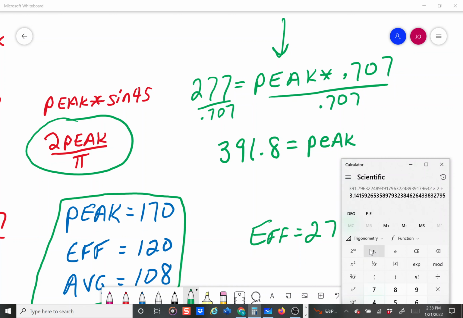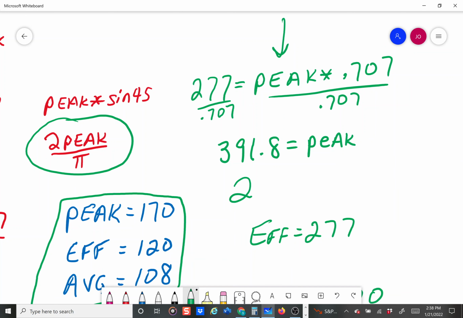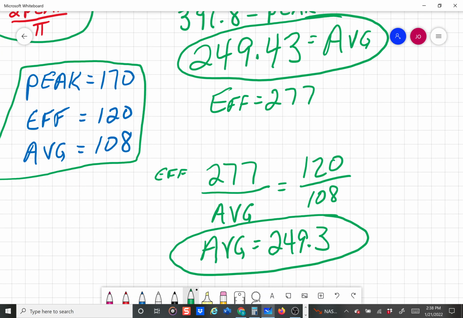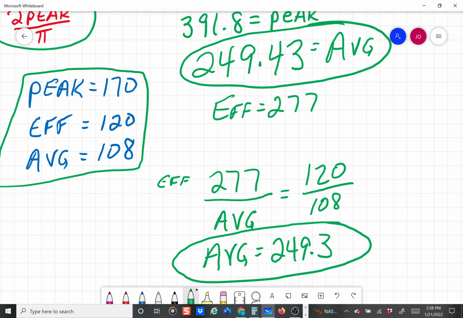And that is going to give me a value of 249.43 volts average. So that 249.43 average, what did we get down here? Oh, look at that, 249.3.